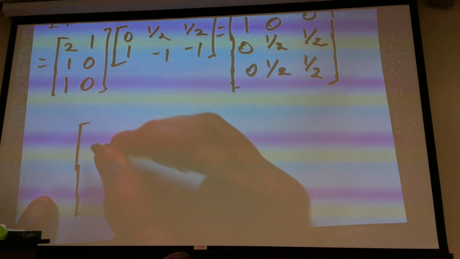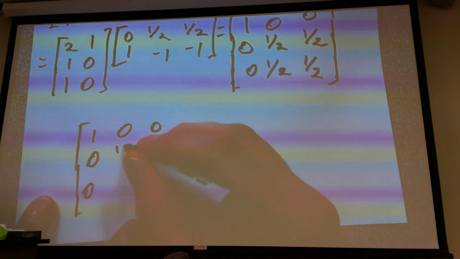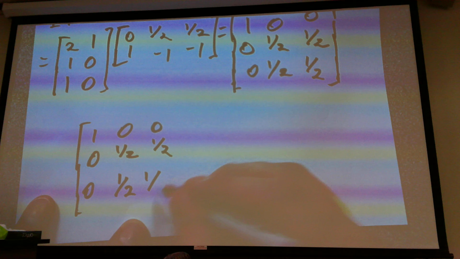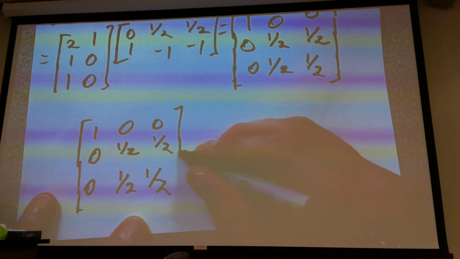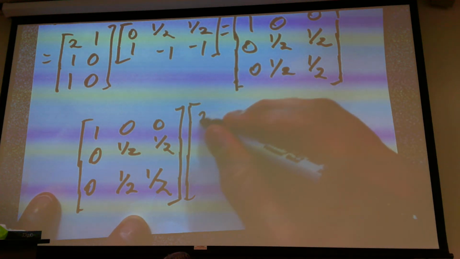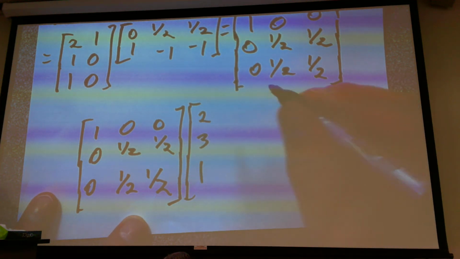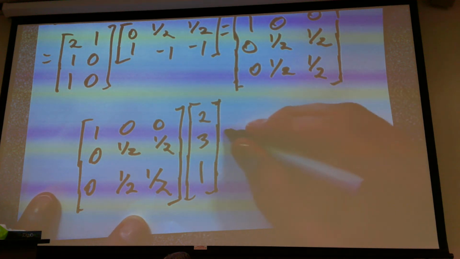So we have 1, 0, 0, 0, 0, 1/2, 1/2, 1/2, 1/2. And this has got to act upon 2, 3, and 1. And this vector is not in the plane, so it is going to be affected. It's going to be forced onto the plane.